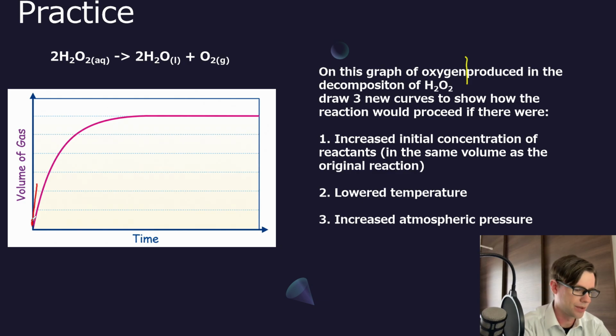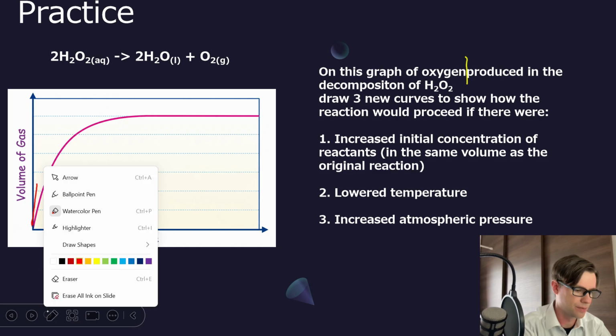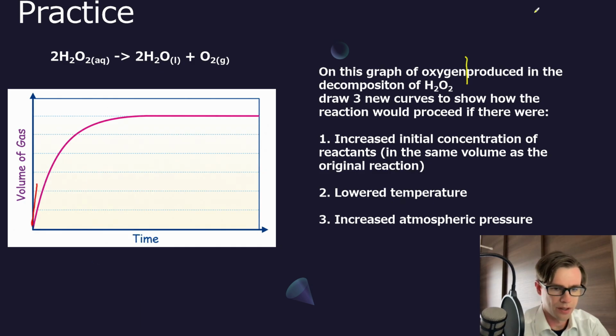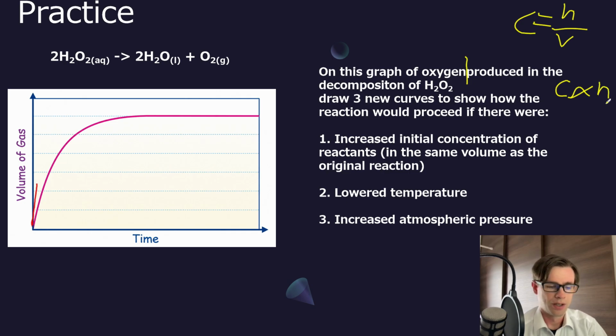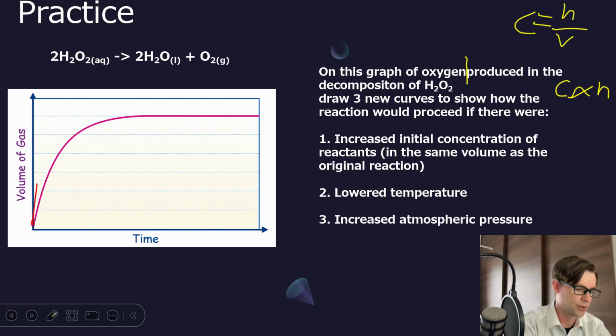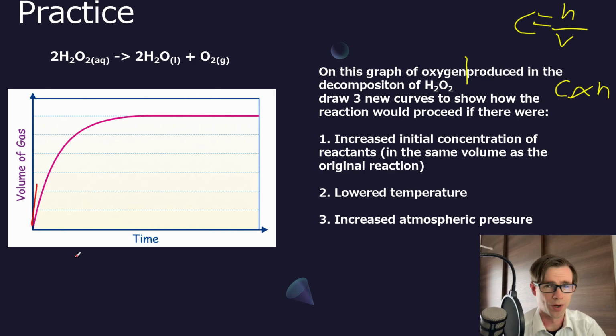We know C equals n over V. If concentration was increased and volume was the same, and concentration is proportional to number of moles, number of particles, it must be true that there are more reactant particles in this number one. And if there's more reactant particles, there's only one reactant in this reaction, right? It will produce more products. We'll get a higher number of moles of products.